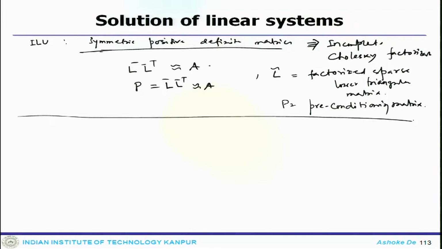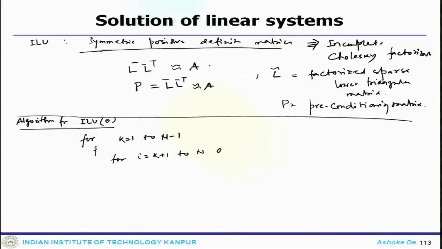Now, if you write the algorithm for ILU 0, what one has to do? This is for ILU 0. You go for a loop where k equals 1 to n minus 1; then the second loop, i equals k plus 1 to n, and you check if a i k is not equal to 0, then you do the following.